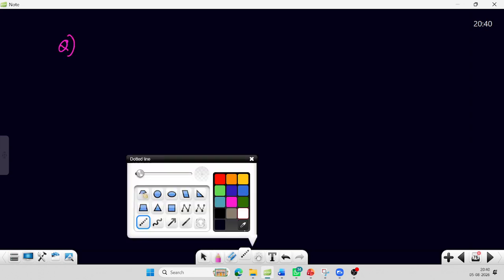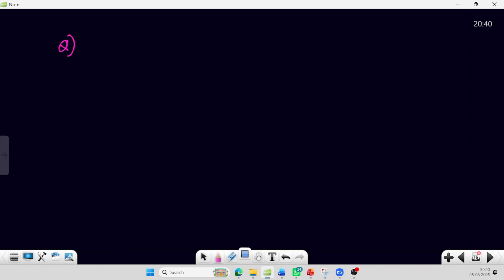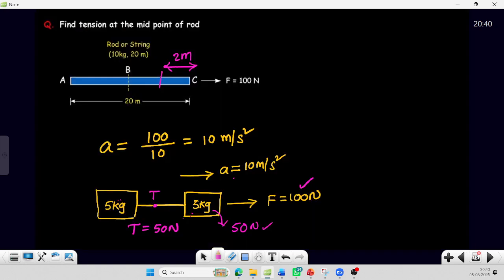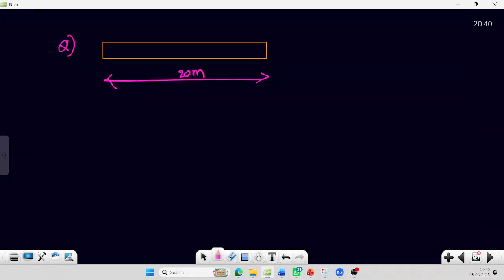So this block is given, 2 kg we considered. This total is how much? 20 meters. Now we have taken 2 meters on this side. Here we applied the force, let us say 100 newtons.